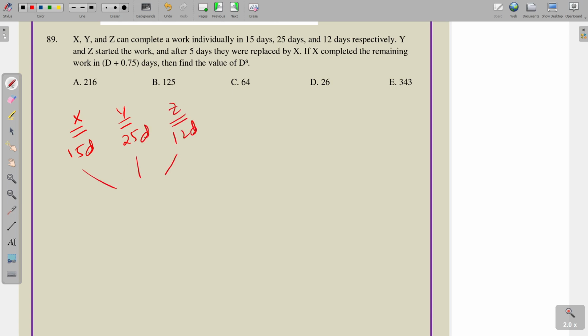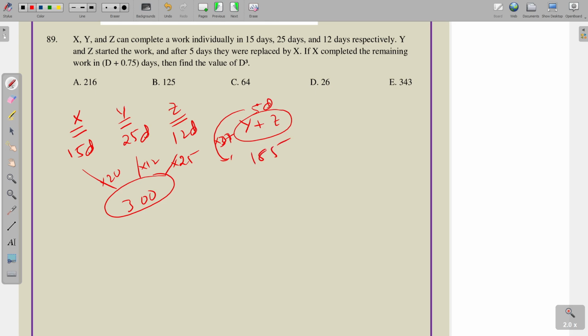So the LCM of these three is 300: 15 times 20, 25 times 12, 12 times 25. Y and Z start the work, and after 5 days, in these 5 days, Y plus Z means 12 plus 25, per day work is 37. 5 days means 150 plus 35, 185 work is completed.